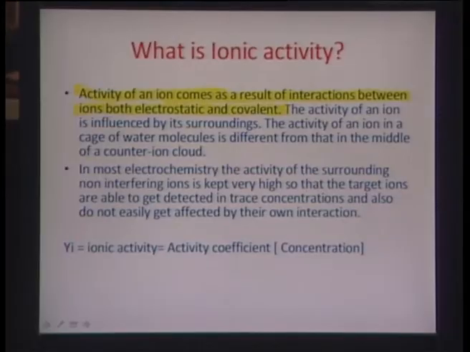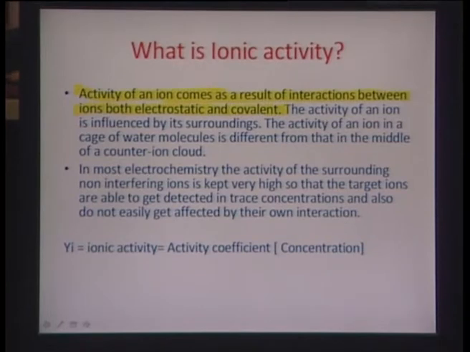So the ionic activity of an ion can be defined as the result of the interactions between ions, both electrostatic and covalent, and the activity of an ion is influenced by its surroundings. So if suppose the ion is in a cage of water molecules, it may have a different activity factor than when it is in the middle of the counter ion cloud.